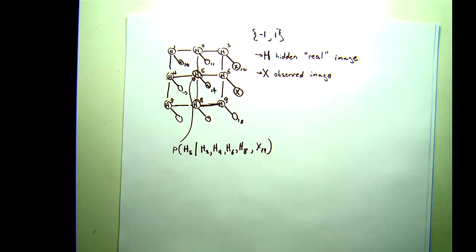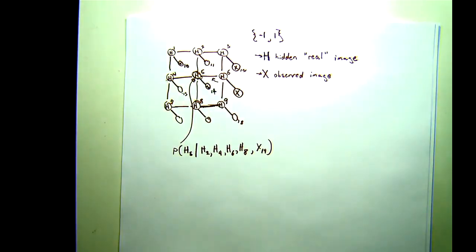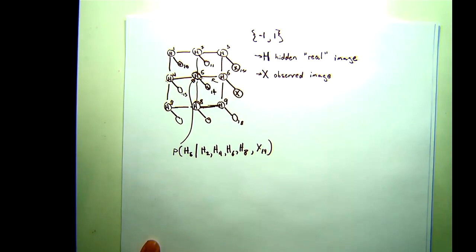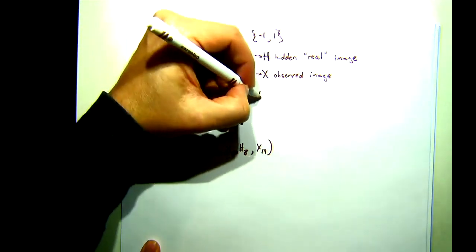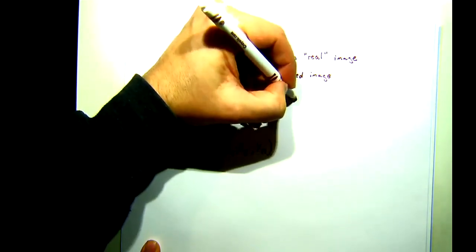The form we're going to use is called a Boltzmann machine, and that allows us to vary what these link strengths are. I'm going to write that out in just a second. So basically, when we talk about U, we're going to say U is the set of all states H and X.